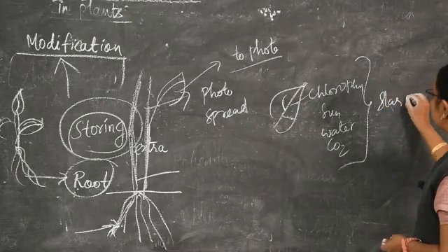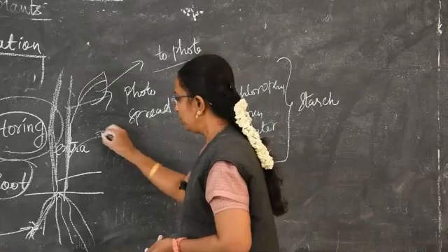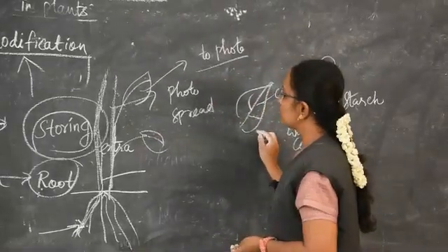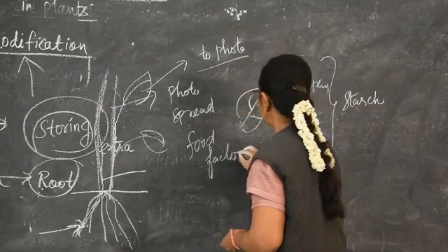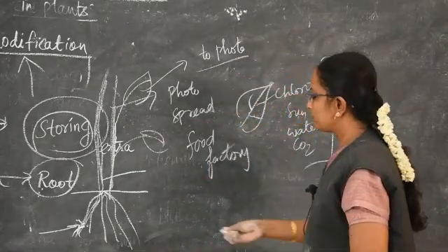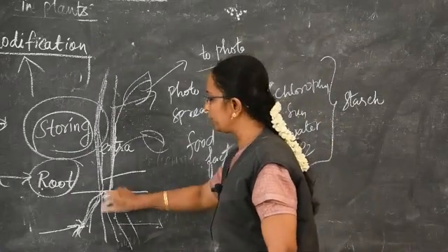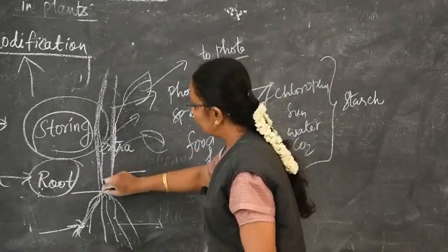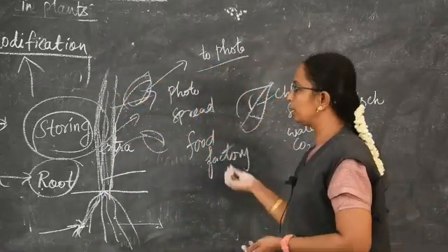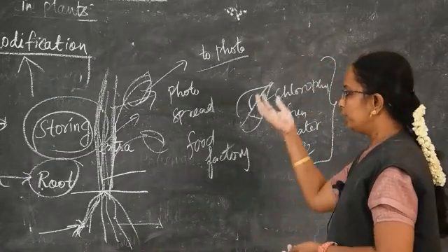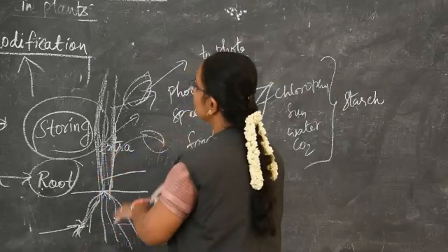That food is known as starch. As the leaves prepare this food material, they are known as the food factory of the plant. So the stem is evolved to meet functions like anchorage, conduction and absorption. The leaves are also meant for conduction and for production of food. So they are evolved to do these functions.